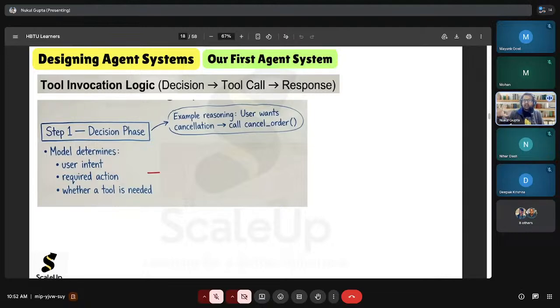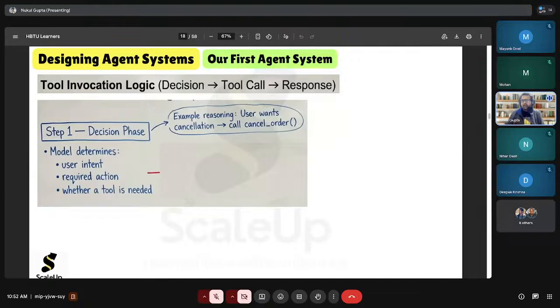It will also decide the tools. It knows what tools are available, and we have to tell the LLM that these are the tools in place, and the LLM will then decide what to call and how to use the tool. So that is the decision phase.